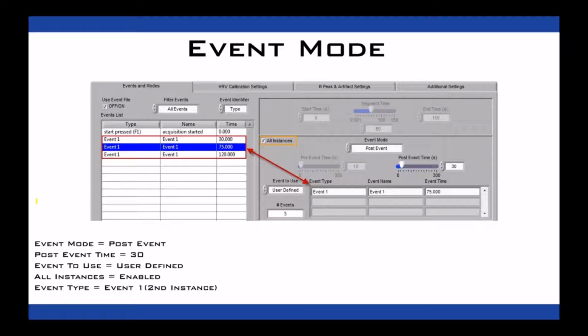So this is what we're going to do, the same data set, same mode, 30 seconds afterwards, but we're going to show all instances. So the big thing we've done now is we've checked this box. We said, I want to see all instances of event 1. And so what that means is even if we have selected the second event, as you can see, the one at 75 seconds, it's still going to include all instances within this event file that are called event 1.